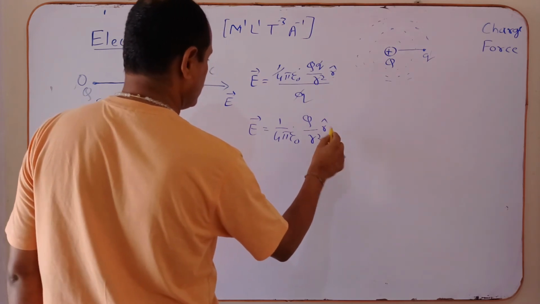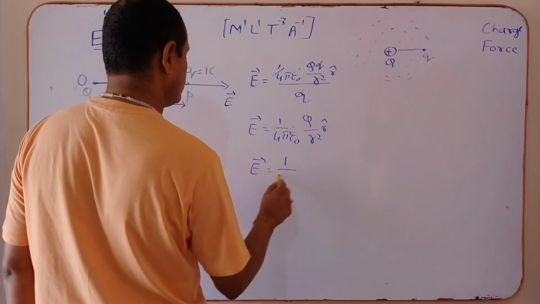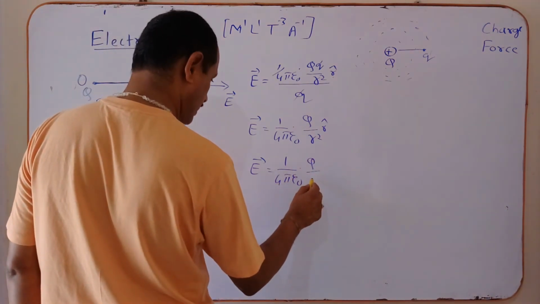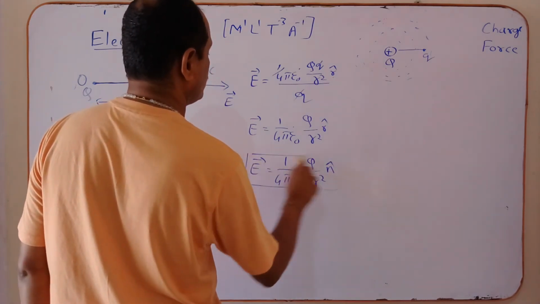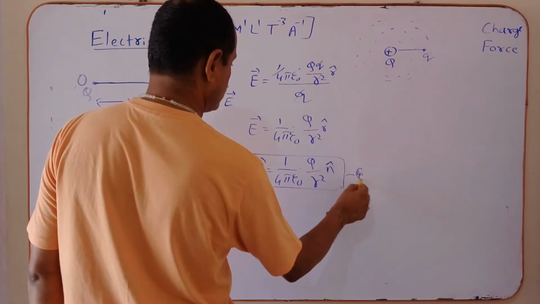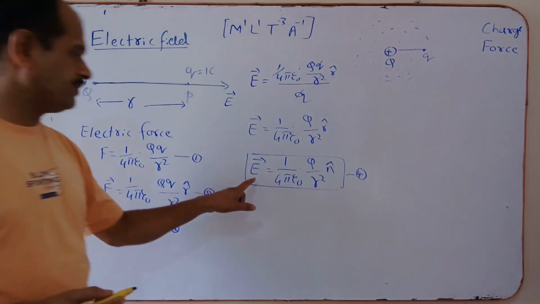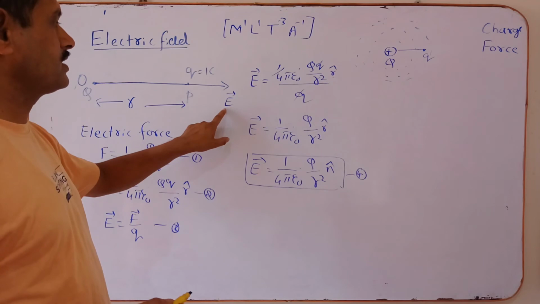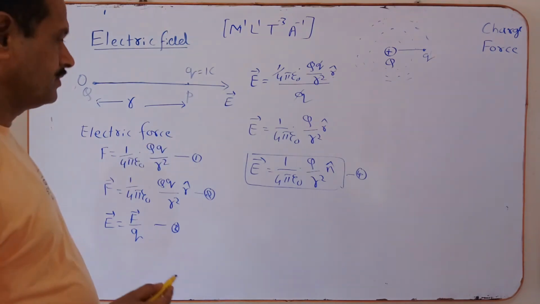So this is the expression: vector E is equal to 1 upon 4 pi epsilon naught, Q divided by r square into n cap. n cap is the unit vector. It is the expression for the electric field at this point P. It is a vector quantity, represented by vector E.